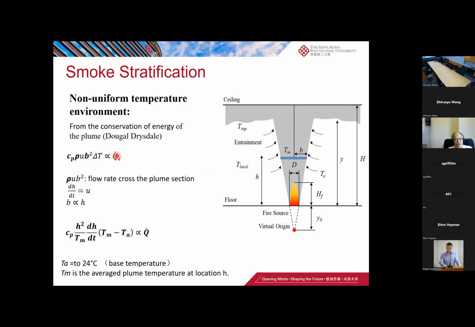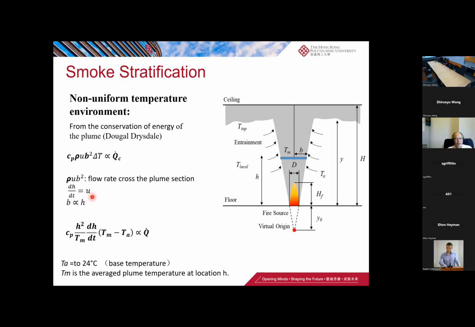But because this is Qc, for further development using the centerline correlation from McCaffrey's plume model, we need to use Q. So we still include it here. We replace the velocity with dH and dL, but here it is the average velocity, not the centerline velocity.